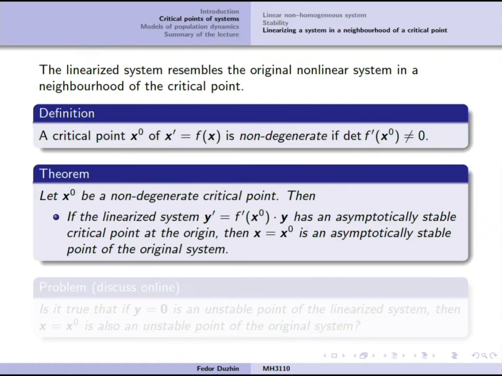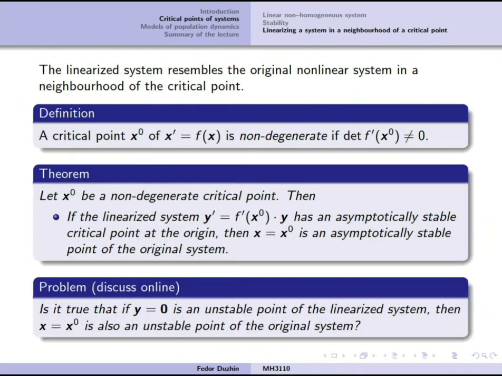So if the linearized system has an asymptotically stable critical point, then the original nonlinear system also has an asymptotically stable critical point. And I suggest that you try to figure out whether the same thing is true for unstable critical points.